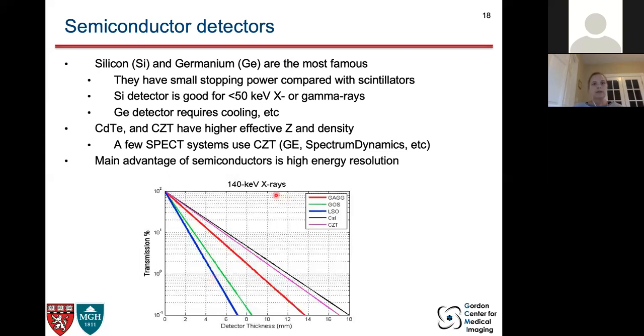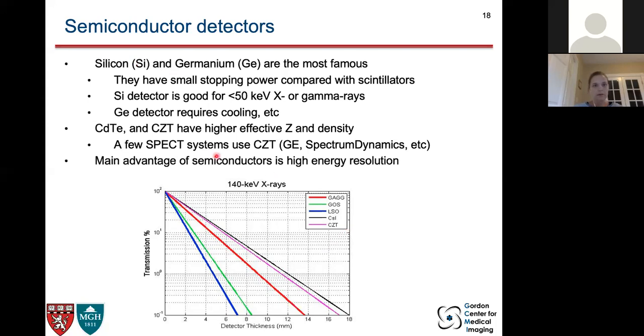So first, some characteristics of semiconductor detectors. Silicon and germanium are the most famous and common ones. They have pretty small stopping power compared to scintillators, as you can see. So this plot shows the transmission of the material as a function of the detector thickness. I didn't include silicon and germanium.